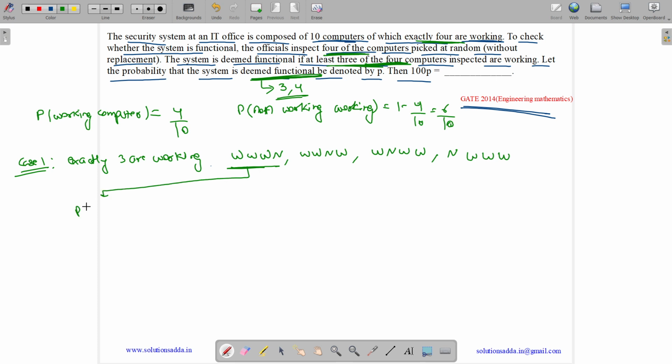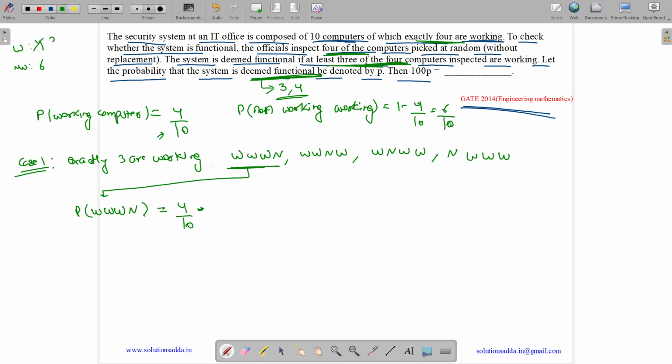So probability of first, second and third being working and fourth not working is given by, see, first we have to pick out a working computer. So its probability is 4 by 10. Now total computers left are 9 and the working computers left are, see, initially we have working 4, non-working 6.